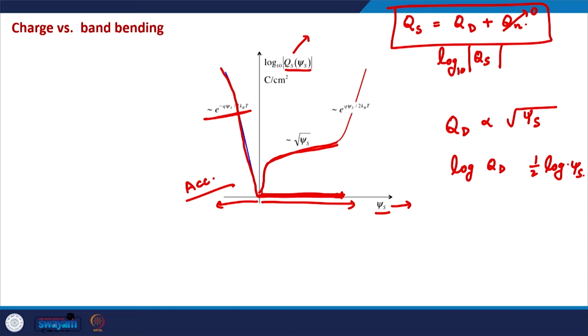But as soon as the inversion starts, which means that now psi s is greater than or equal to 2 psi b, in that case this charge, which is the mobile charge, this Qn charge, starts dominating, and it starts becoming more than the Qd charge. So this Qd becomes negligible as compared to Qn, and again this Qn has exponential dependence on psi s.